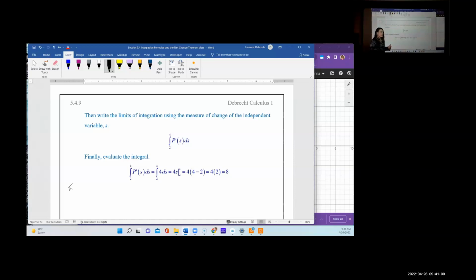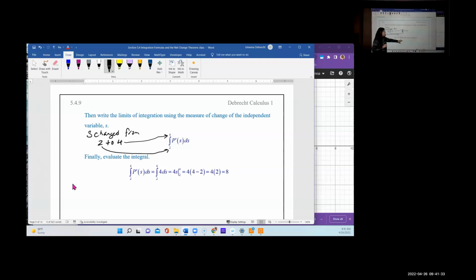So the side length s went from s equal 2 to s equal 4. So s changed from 2 to 4. And that's what gives us these limits of integration that you see right here. All right, that's the change in the variable. So we integrate the derivative of the perimeter with the changing limits of integration of side s.